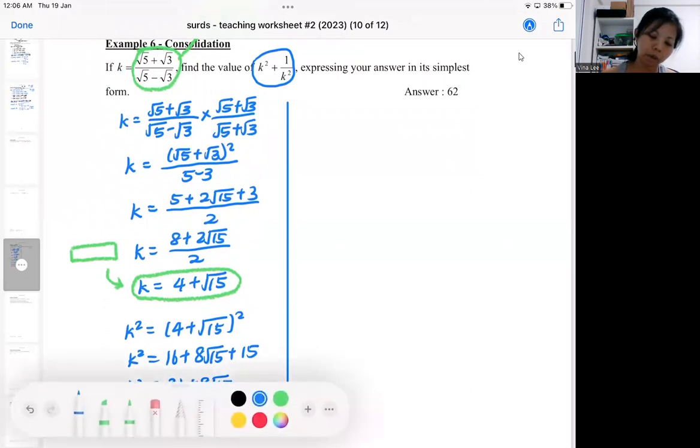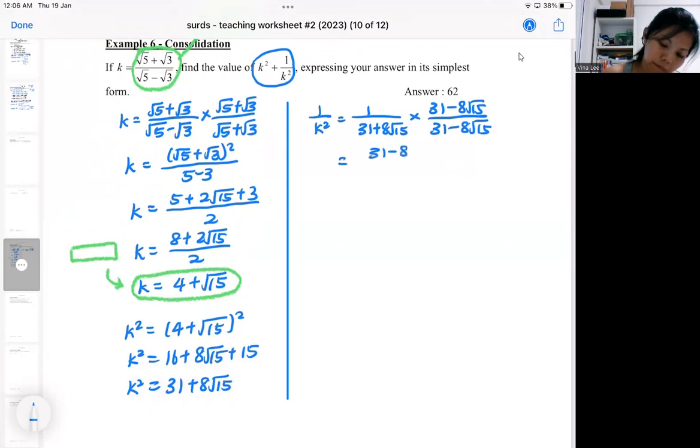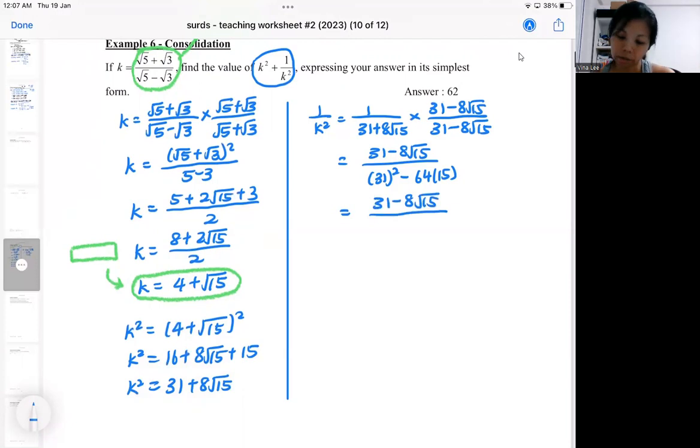So I divide my working into blocks of work, and that has got to do with rationalization. Rationalize.